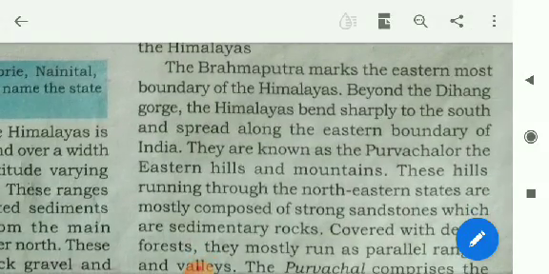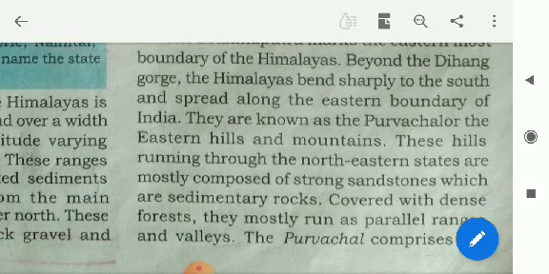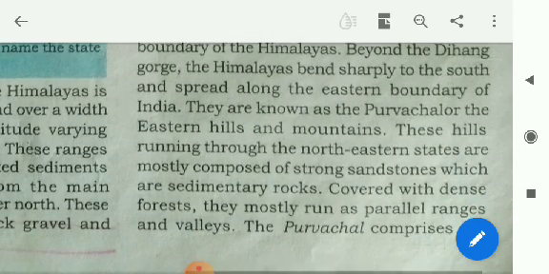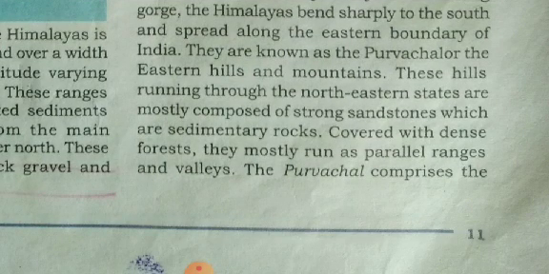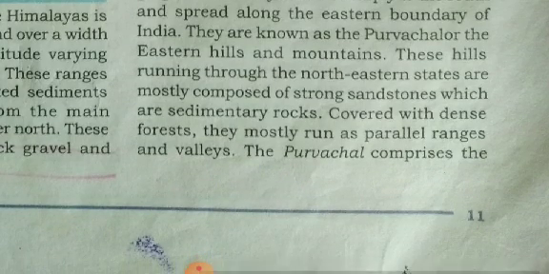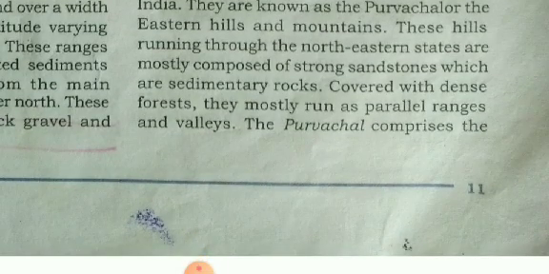The Brahmaputra marks the easternmost boundary of the Himalayas. Beyond the Dihang Gorge, the Himalayas bend sharply to the south and spread along the eastern boundary of India. They are known as the Purvanchal, the eastern hills and mountains.